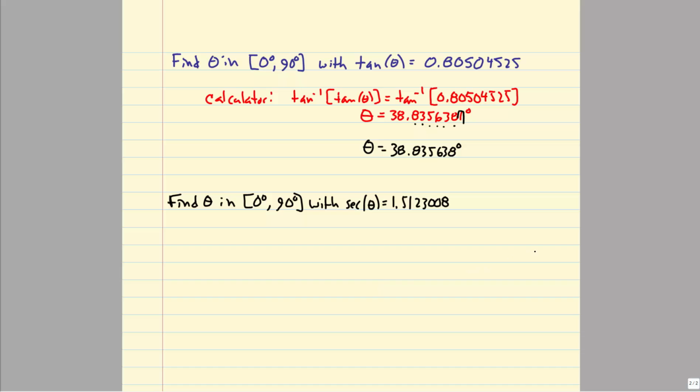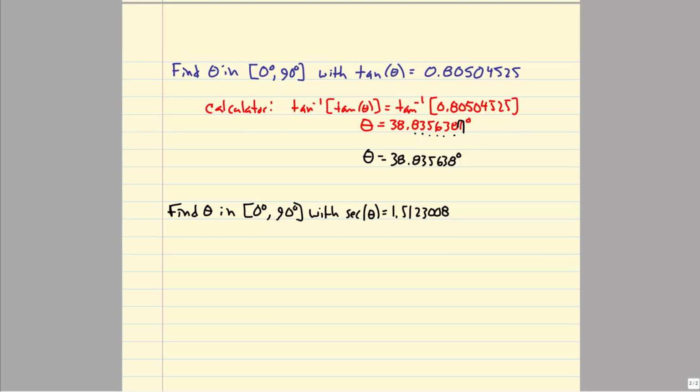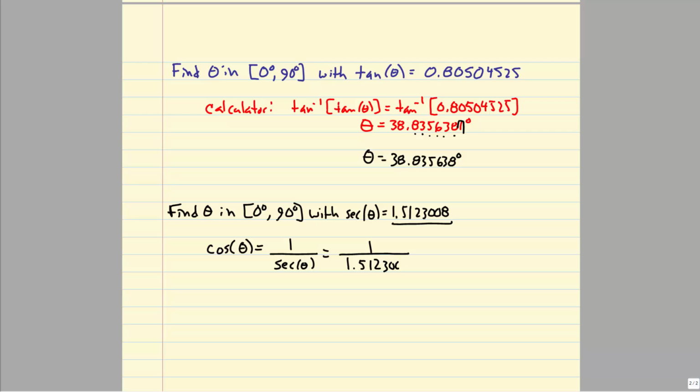So in order to solve this, what we want to do is think about the reciprocal identity. Let's go ahead and recall secant and cosine go together. So the cosine of theta in this particular case is equal to 1 over the secant of theta. And if I plug directly in, I know the secant of theta from up here is 1.5123008.